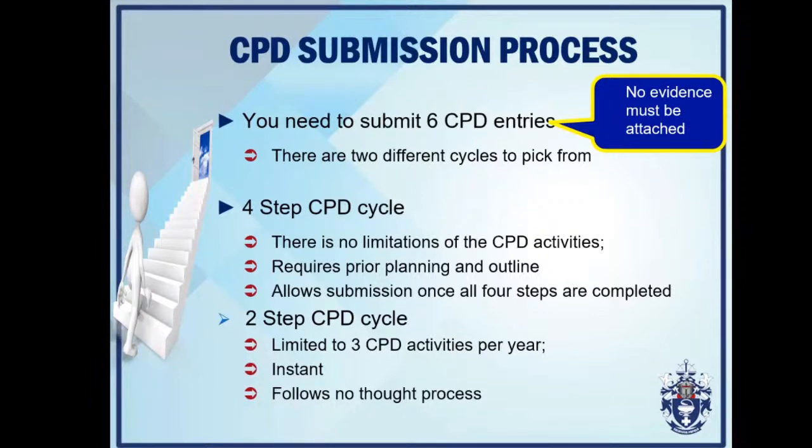It does not require any prior planning, because it could be something that you realize mid-training: I didn't know this particular thing, but now I know. So you didn't reflect on it. You didn't plan how you were going to learn it, and here you are and you have learned it. So all you will do in this one is your evaluation and the implementation step.